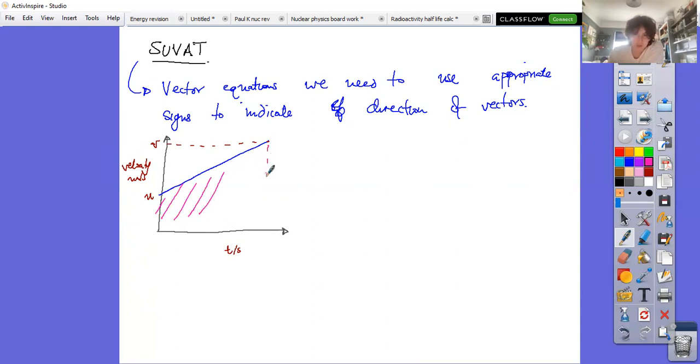Would that be the displacement? You're absolutely right. So area represents displacement.